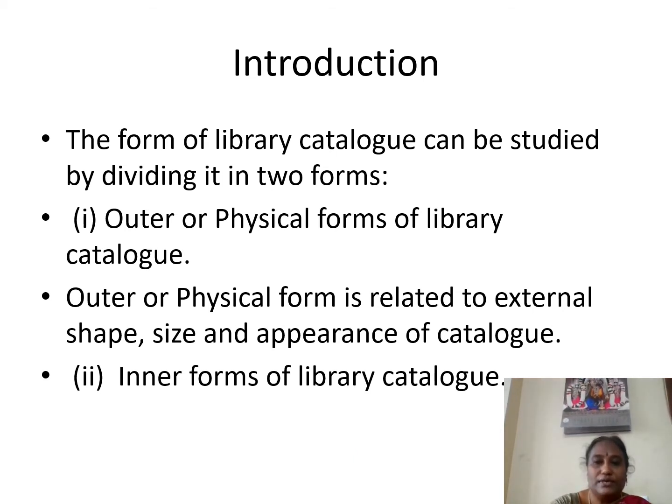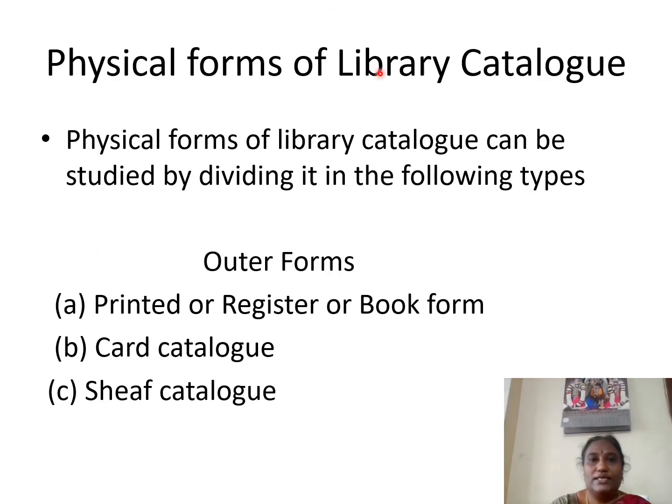So coming to the next one. Let us discuss the first form of library catalog, that is the physical form. This is again divided into three outer forms. The first one is printed or register, also known as book form, the second form is card catalog, and the third one is sheaf catalog.